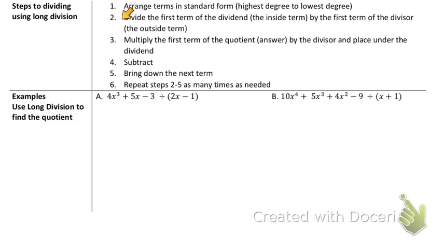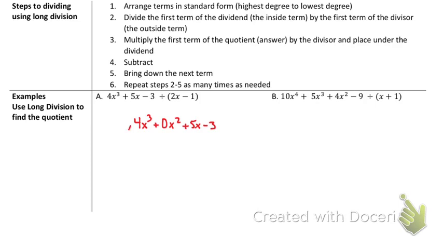We want to make sure that we are not skipping any power. So the problem I'm going to have is the dividend should look like this. 4x to the third plus 0x squared, because we are missing an x squared, plus 5x minus 3.